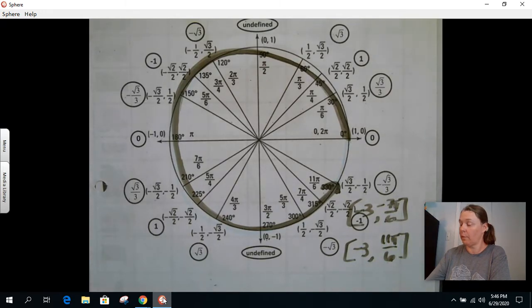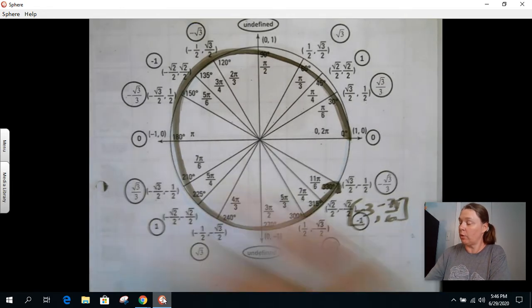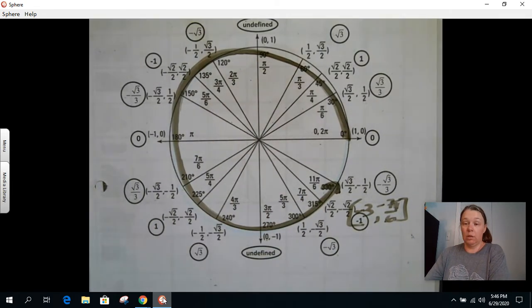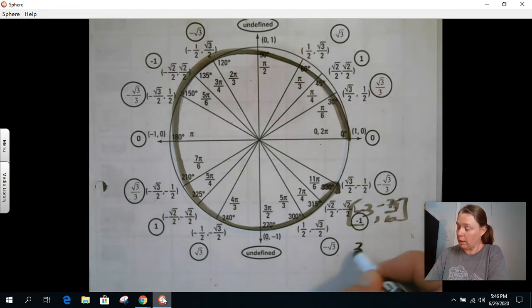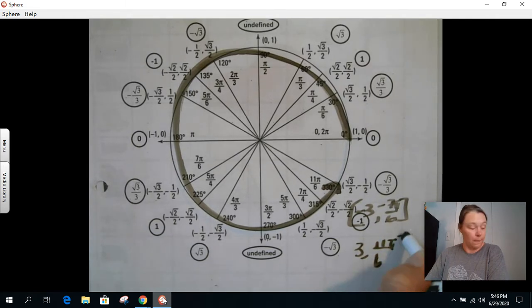No, wait, that's not right. That would be positive 3. That's this one over here. Oh, goodness, I've lost it. All right, what I could have done, no, I could do that. That works. 3, and I could do 11 pi over 6. I'm losing it, guys, sorry.